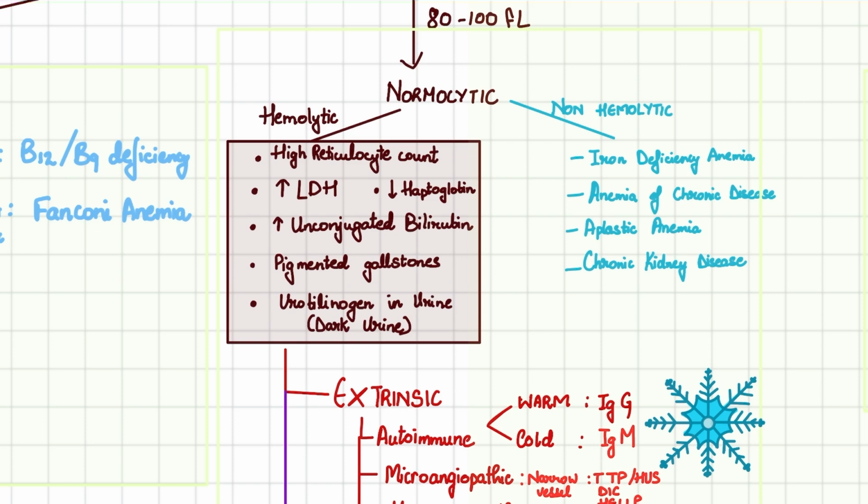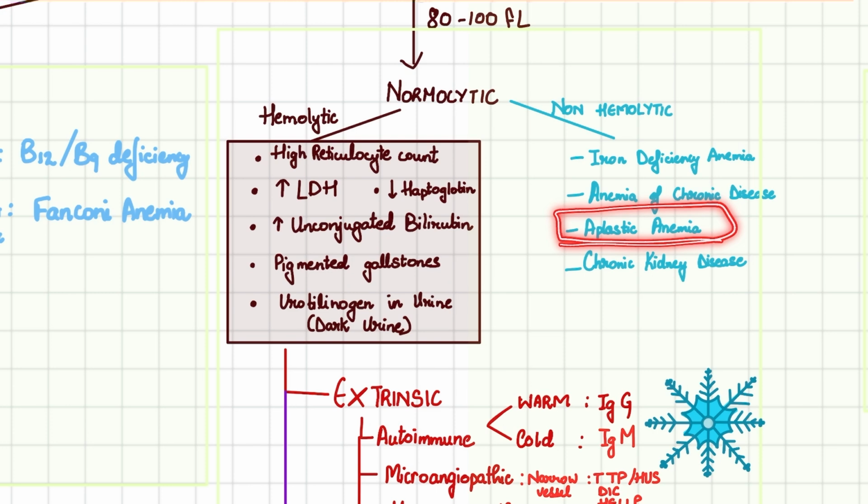This is just, it will take some time before it becomes microcytic. So iron deficiency anemia can be microcytic. At some earlier stages, it may be normocytic. Anemia of chronic disease, similarly, we have seen it can be microcytic. In the earlier phase, it could be normocytic. Then CKD. We know it can lead to anemia of chronic disease and it can cause normocytic anemia.